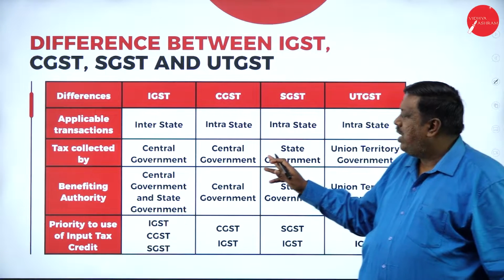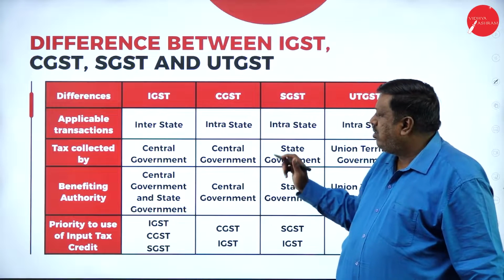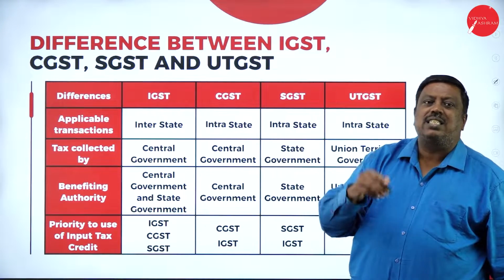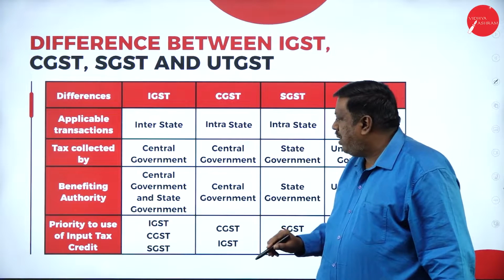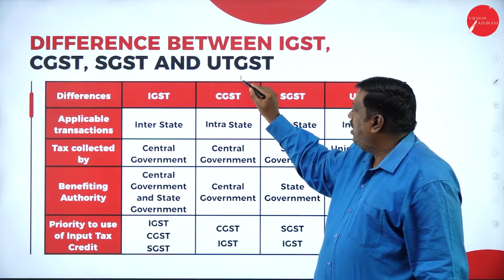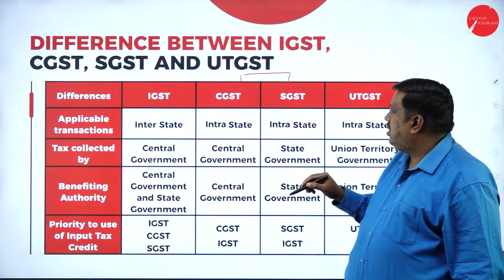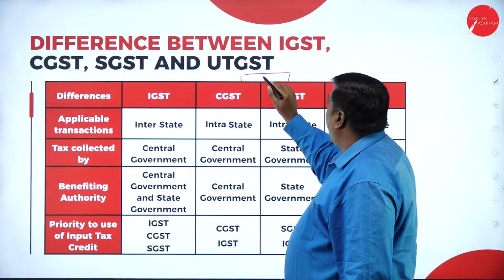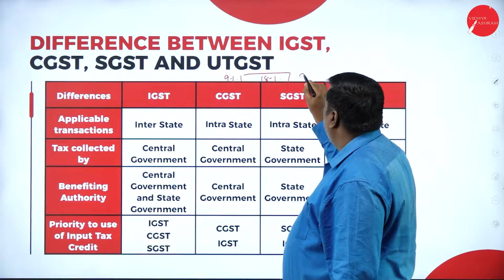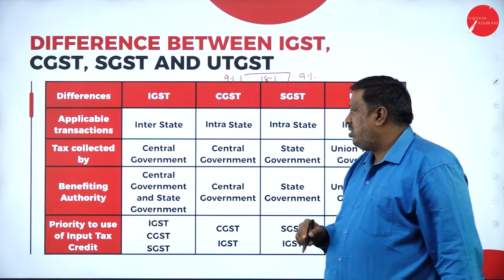And the second one: the applicable transaction is within the state, within the city. If supply has taken place, CGST as well as SGST is levied. For example, if it is 18%, then 9% will be CGST and 9% will be SGST.